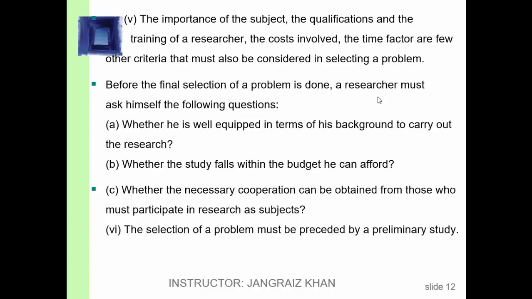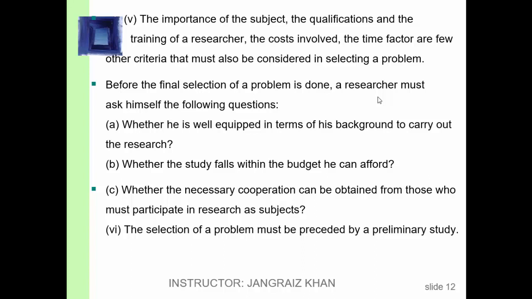Similarly, the importance of the subject, the qualifications, the training of the researcher, the costs involved, and the time factor are a few other criteria that must be considered in selecting a research problem. While selecting your problem, it depends on for which purpose you are selecting it.